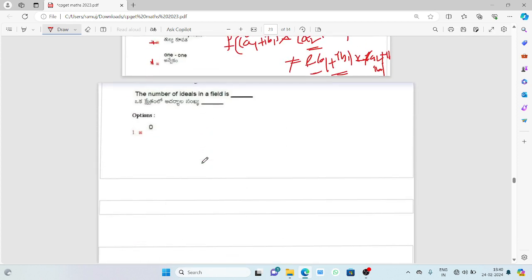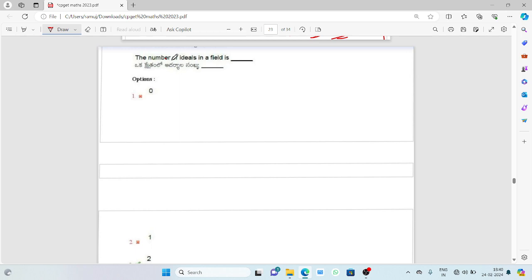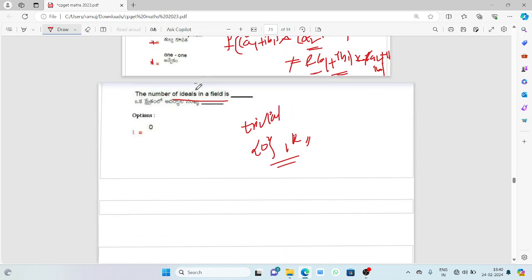So the 78th one is the number of ideals in a field. We know that in a field, there are only two ideals, the trivial ideals: the singleton 0 and the whole ring R. So every field contains only two ideals.